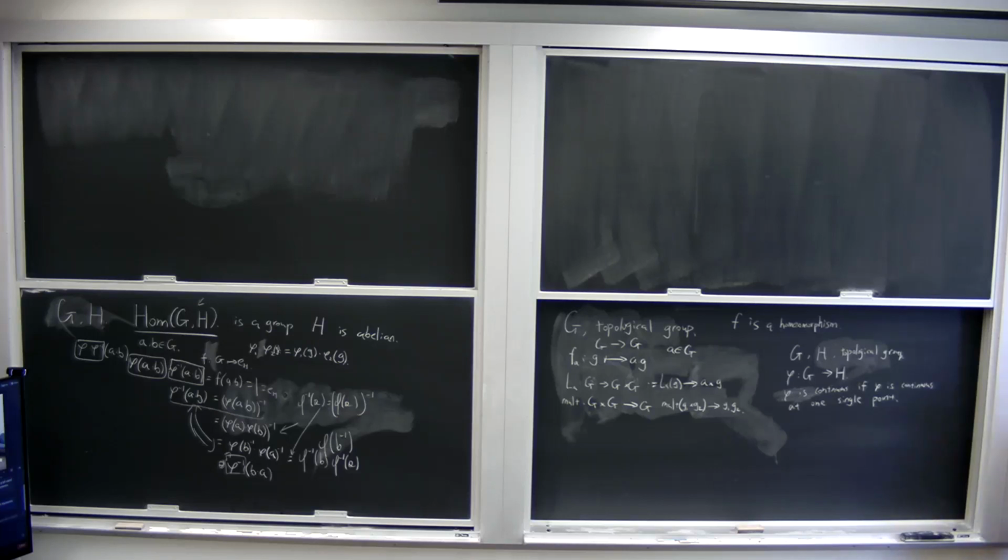I will sketch the proof. So basically, F being a homeomorphism implies that F is an open mapping. So since F is an open mapping, we know that for any open set in G, any translation of that open set is again open.